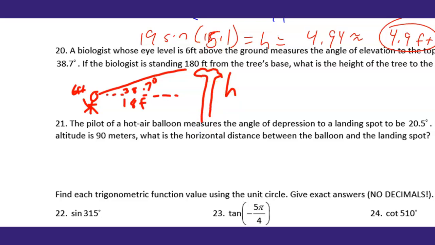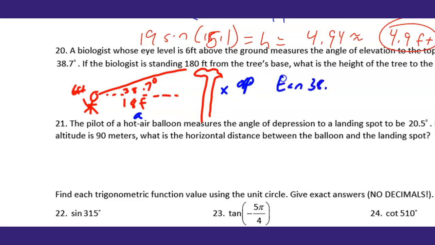So with that being said, we have the angle. This is adjacent, and this is the opposite. I put h, I should have used opposite side. So we'll just say x because we're looking for the height. So adjacent and opposite would be tangent.